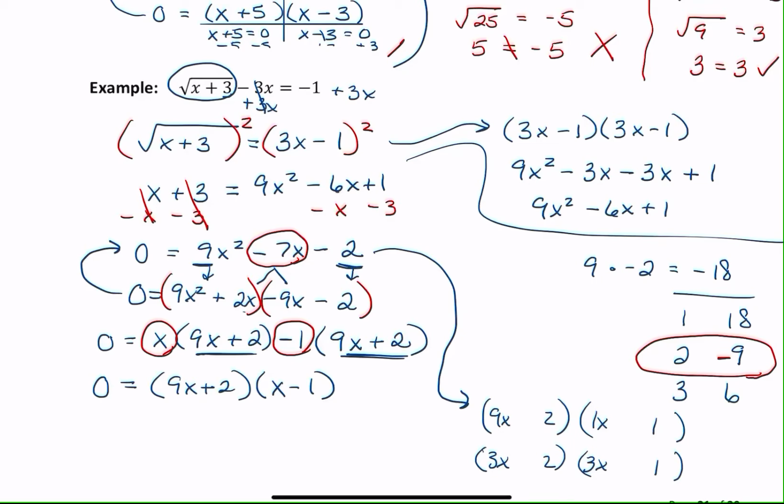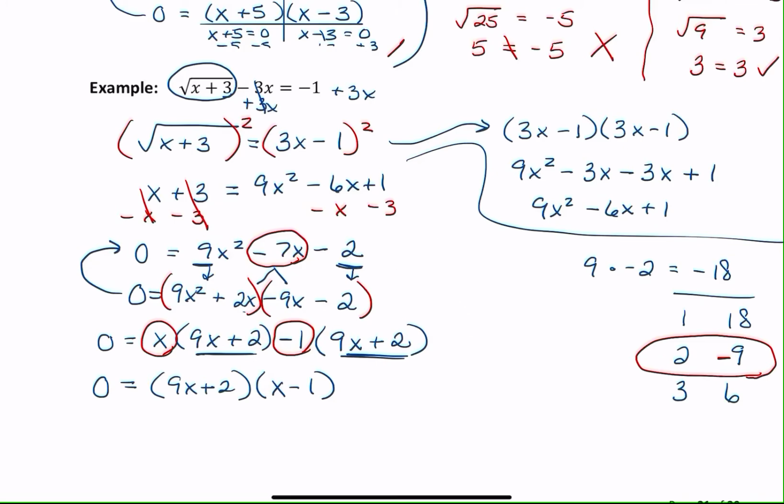So either method is fine. You can guess and check, or you can regroup and factor out the greatest common factor. Either way, you'll come up with two linear factors, and at that point, you're going to set them equal to 0.